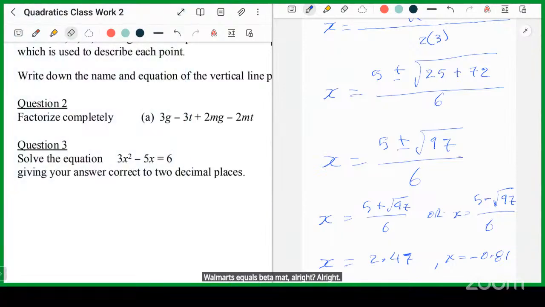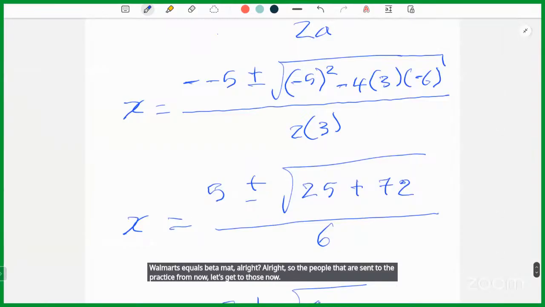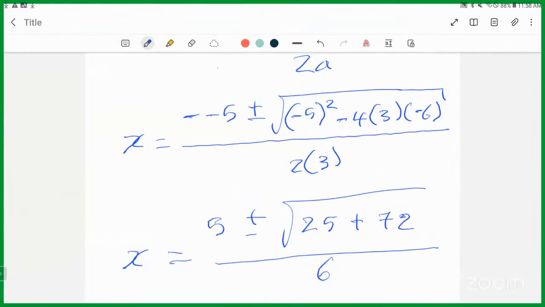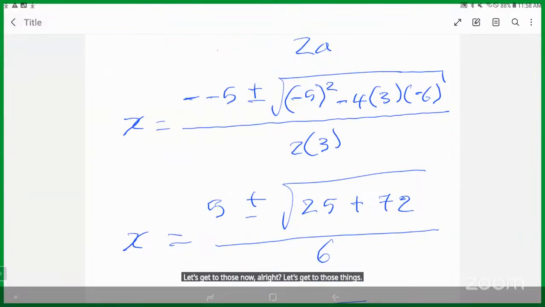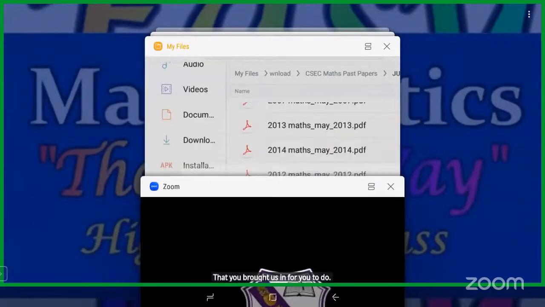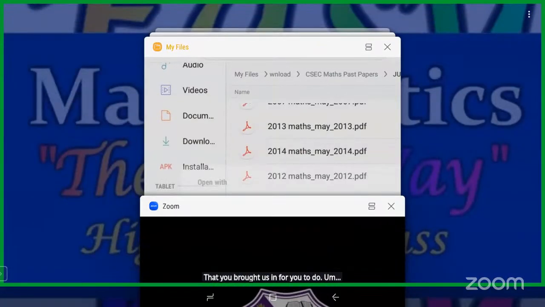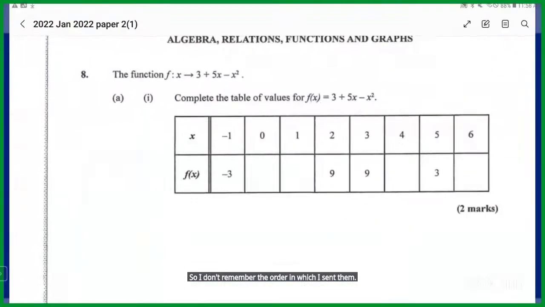Alright, so the papers that I sent you to practice from, let's get to those now. Let's get to those things that I sent for you to do. I don't remember the order in which I sent them, but I know that I sent this one.